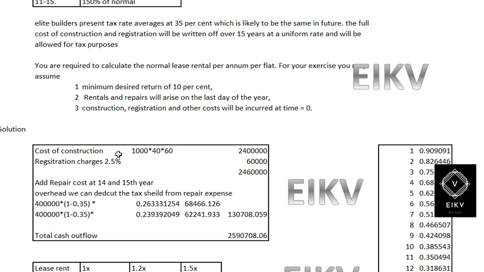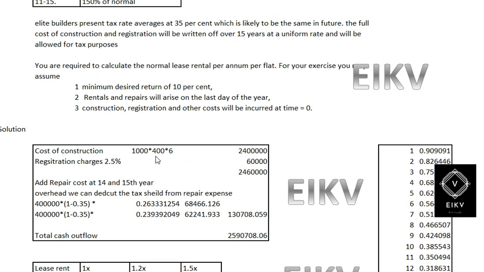First of all we have the cost of construction. The cost of construction as given is 400 per square feet. Guys, over here there is a change.